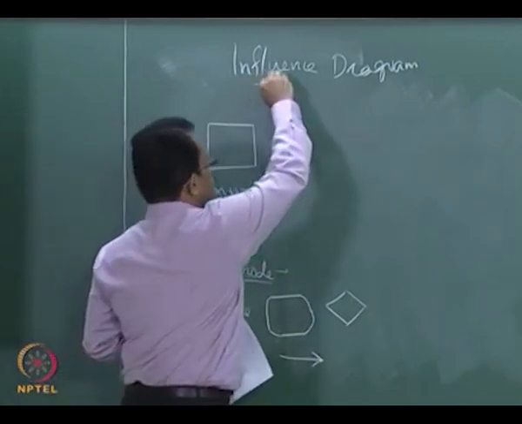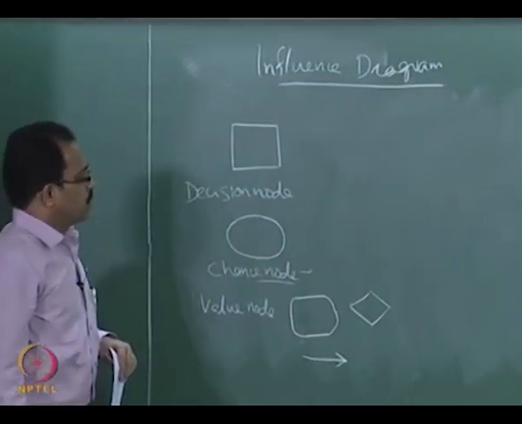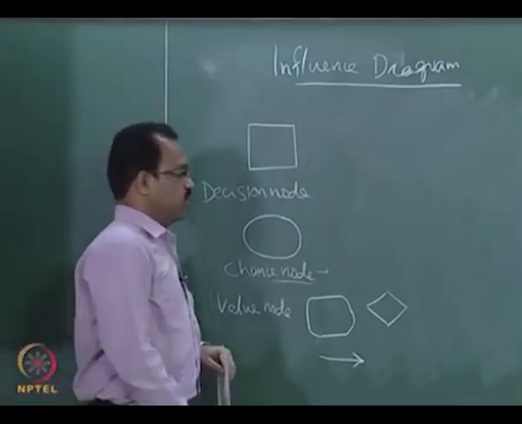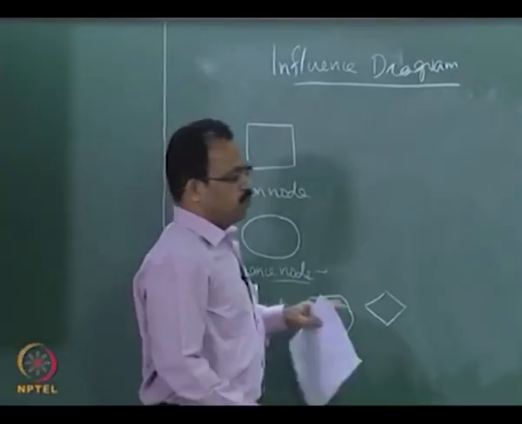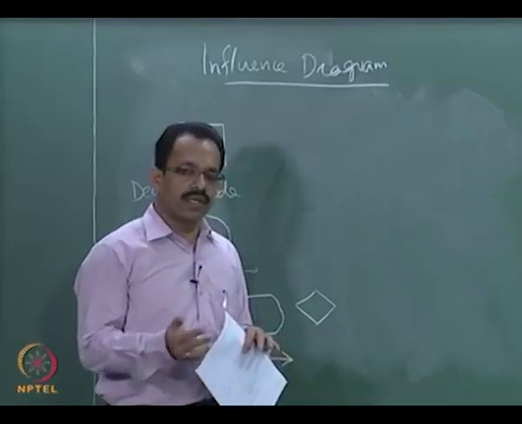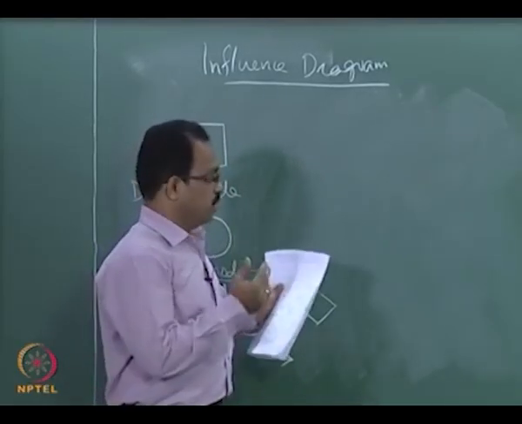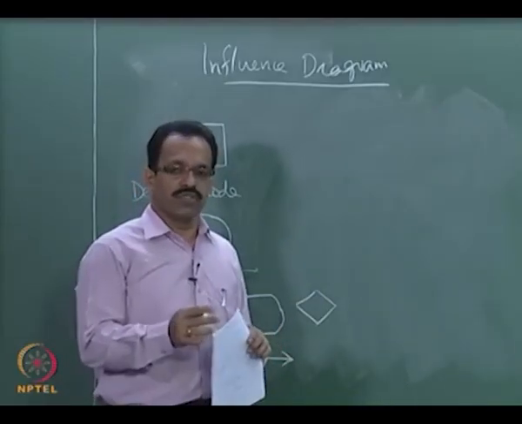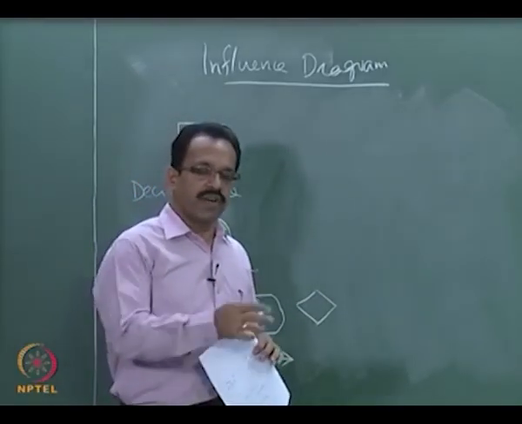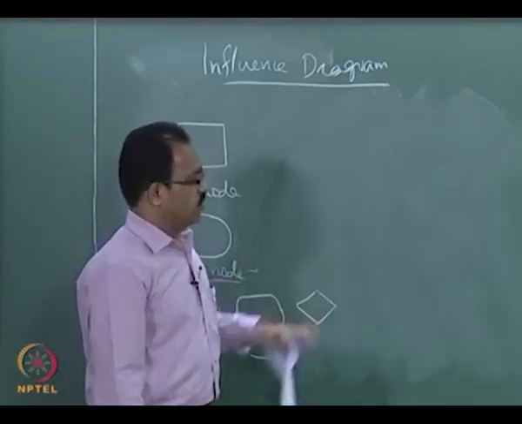Let us take a very simple example to show how we use the influence diagram to represent a particular decision making scenario. Of course this will not give you a decision directly, but we can represent the interrelationship between various nodes and chances and the decision making process, how they are related and what kind of influence a particular event makes on the decision.